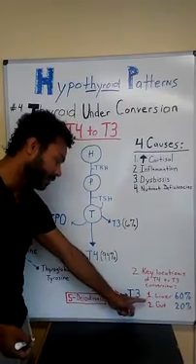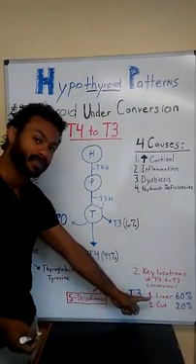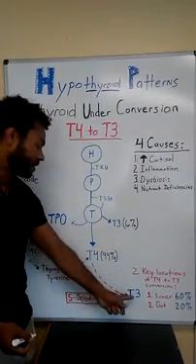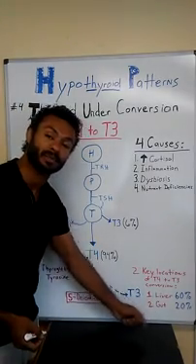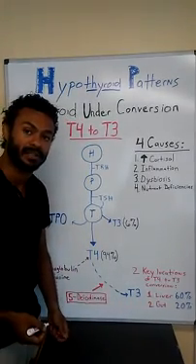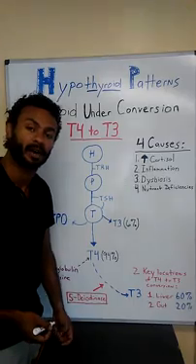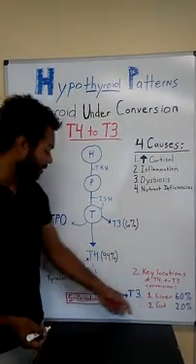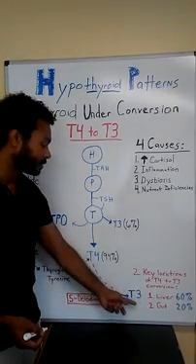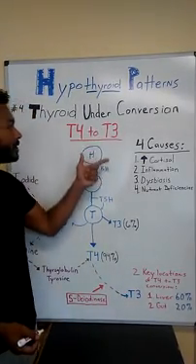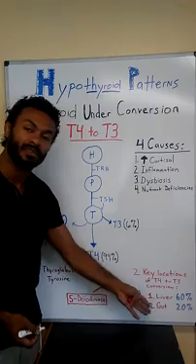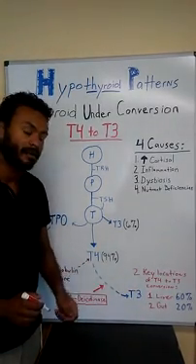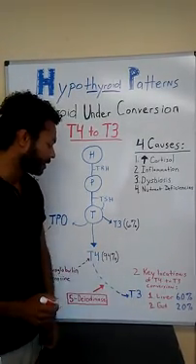One of them is the liver, which is responsible for 60% of the T4 to T3 conversion, and the gut is responsible for 20%. We've already kind of talked about this. So that right there is 80% of the T4 to T3 conversion, and you could have thyroid symptoms just based off these two organs not functioning optimally.